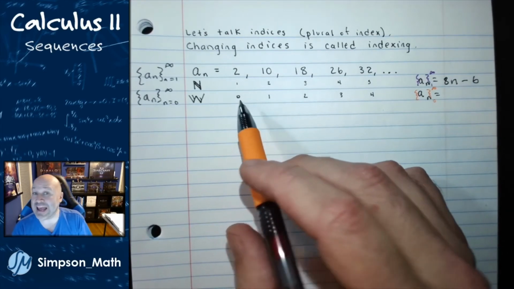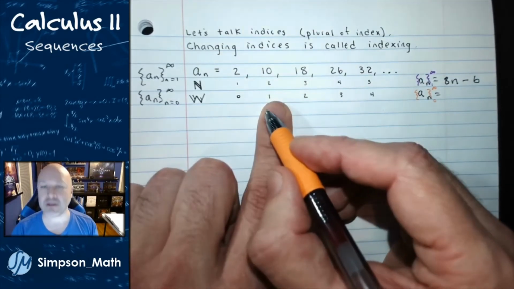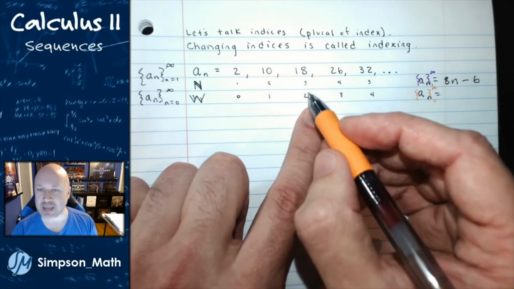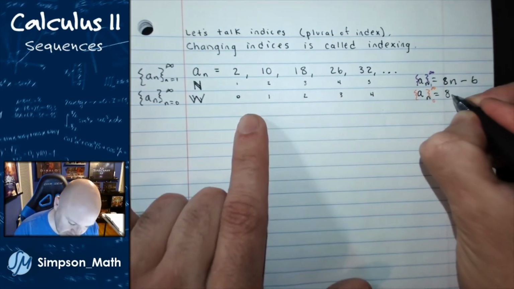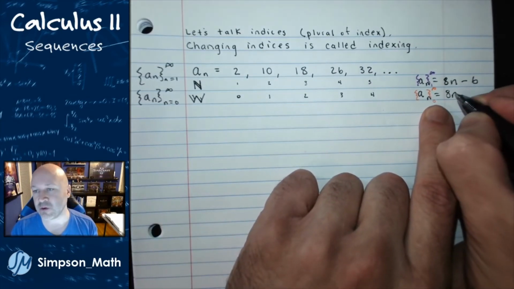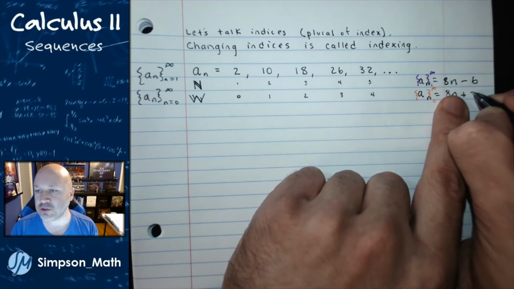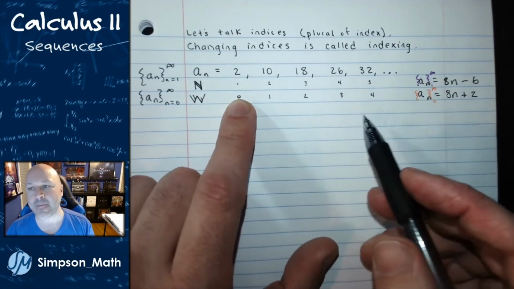So how about 8 times n plus 2? 8 times 1 plus 2 is 10. Yep. 8 times 2 is 16. Yeah, that works. So this time I'll have 8 times that n, but it starts at 0. So 8 times 0 is 0, and I add 2 to get that initial term.